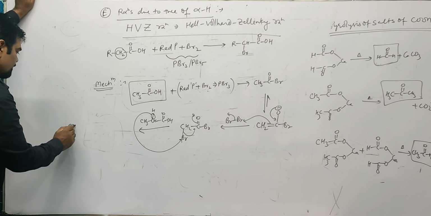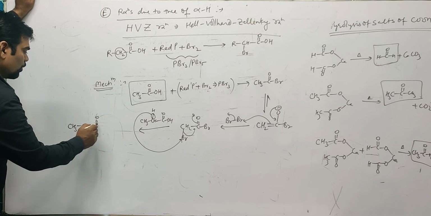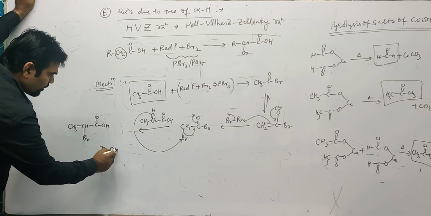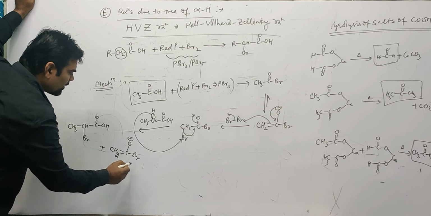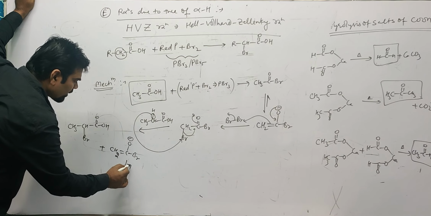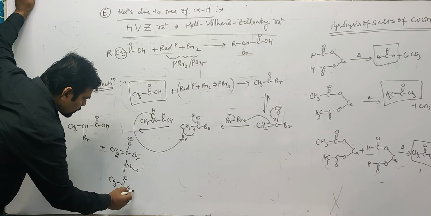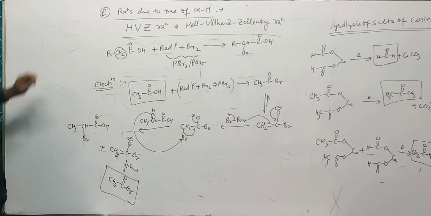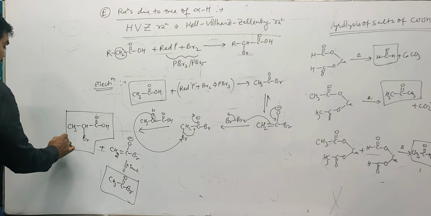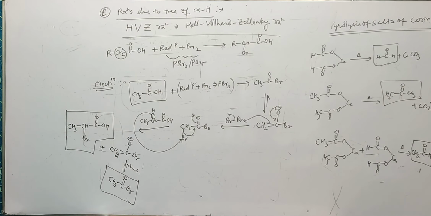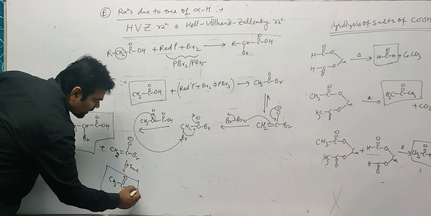This becomes CH3CHBr C double bond OH plus CH2 double bond C O minus Br, which undergoes tautomerization, becoming CH3 C double bond O Br. The beauty of this reaction is that whatever acid is taken in the second step gets halogenated at its alpha position, and the acid used in the first step is converted to the corresponding acyl halide.